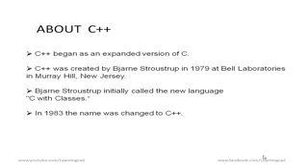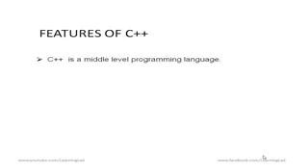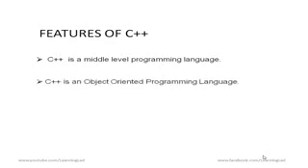Okay, now we're gonna see some features of C++. C++ is a mid-level programming language, which means that you can use C++ to develop high-level applications and also low-level libraries, which work very close to the hardware. And the next is a very important thing: C++ is an object-oriented programming language. If you watched our previous video series on C programming, we said that C is a procedural programming language, which means that we were organizing our code in terms of functions, and the functions contain the actions that we wanted to do.